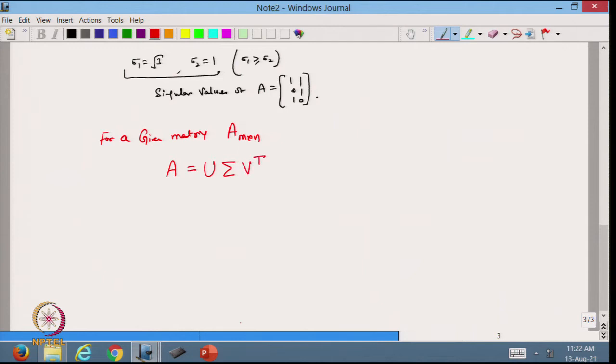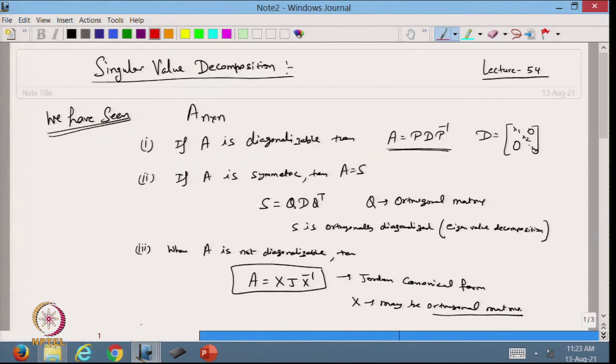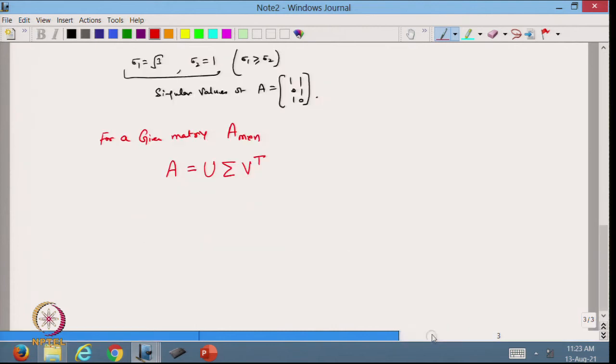So, the first time we are seeing that A is decomposed into a product containing 3 different matrices: U, sigma, and V. In all the previous ones, it was P and P inverse, or Q and Q transpose, X and X inverse, but in this case we have U, sigma, and V transpose.